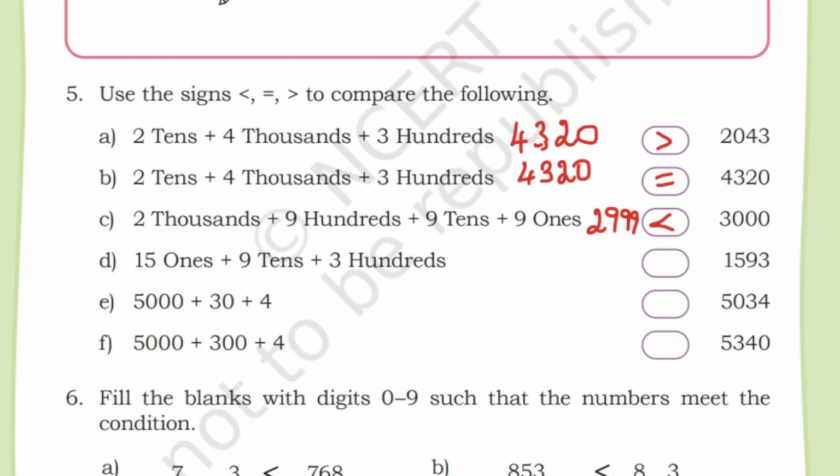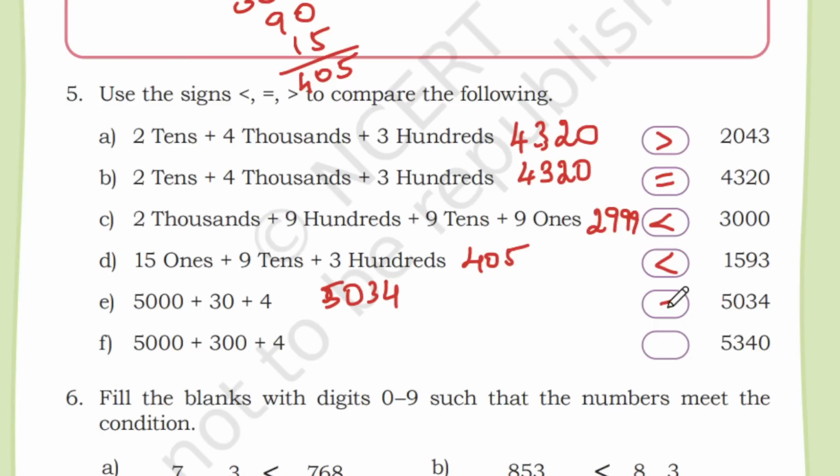Here you have 15 ones, 9 tens and 3 hundreds. So 15 ones, 300 and 9 tens is 90, 15 ones. So this is 5, 9 plus 1, 10, 0 balance 1. This is 405. Which is greater? 1000 is obviously greater. So here 5,000 plus 30 plus 4 is 5,034.